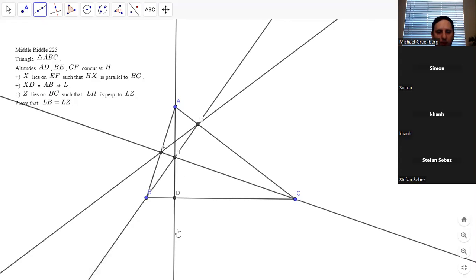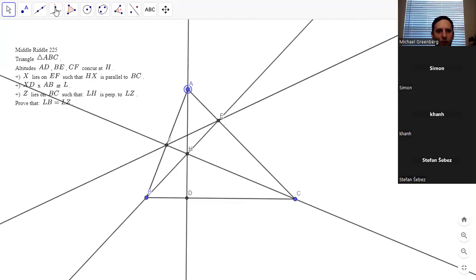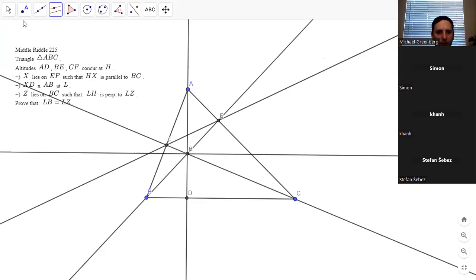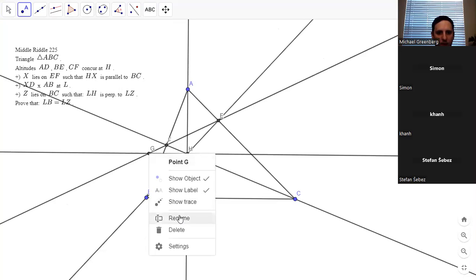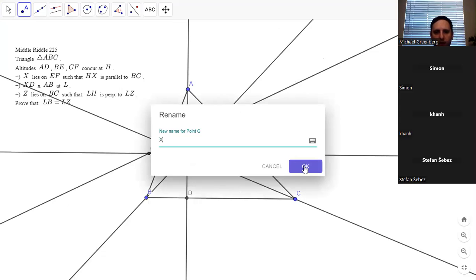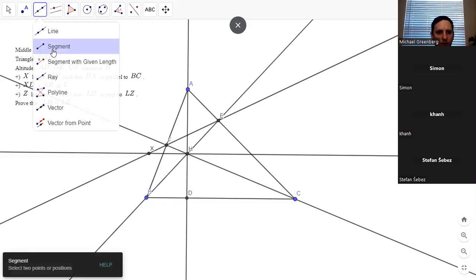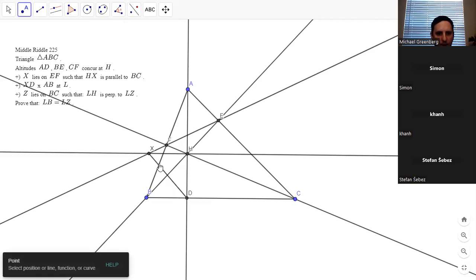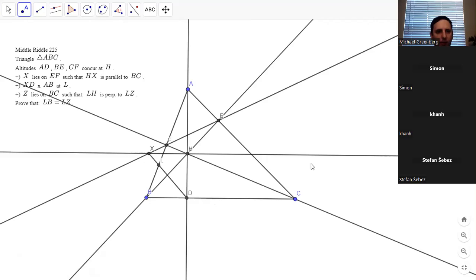So I feel like I've seen problems with the perpendicular bisector of HB, but I'm not sure if I've just seen it like this, or it's just the parallel through H to BC. So this is point X. And XD intersects AB at L. So this is L, and Z lies on BC such that LH is perpendicular to LZ.